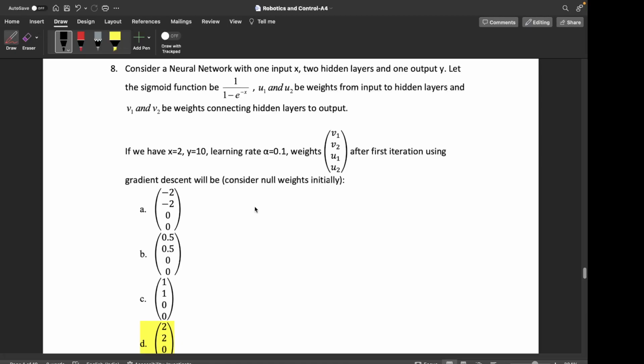Neural networks use gradient descent to converge on the specific values of weights for which a given input gives the correct output.